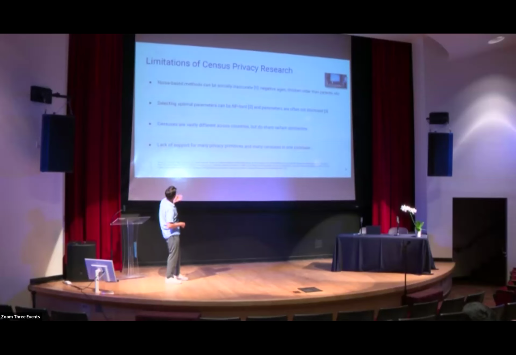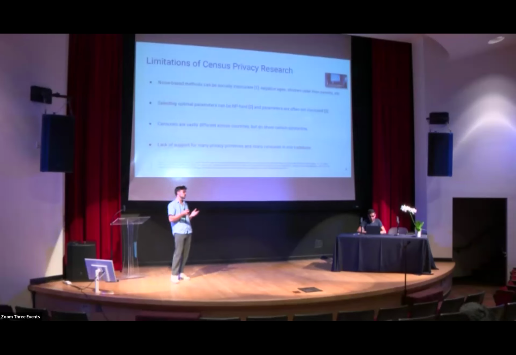And at the same time, if you want to do research on these censuses, you're going to run into this problem, which is a big focus of this work, that each country's census is going to be very similar, but also very different. So there are some shared abstractions, but also some very unique things about working with censuses. And in general, I think this is one of the most important use cases of privacy preserving technologies.